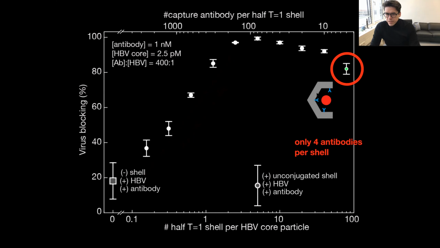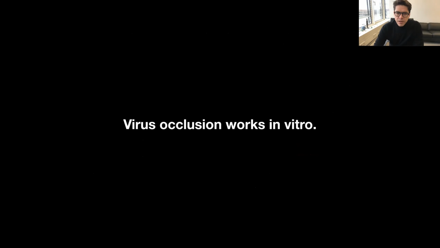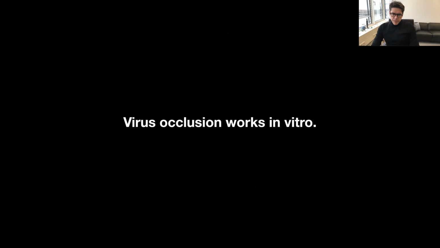So this is very promising data, and it's a biophysical analysis. That's why I spent some time to explain it to you. It tells us virus occlusion works in vitro, and that's why we moved on to test this with actual live cells.